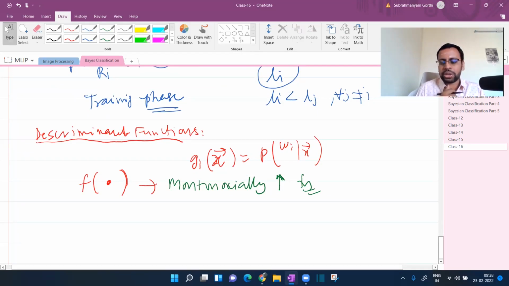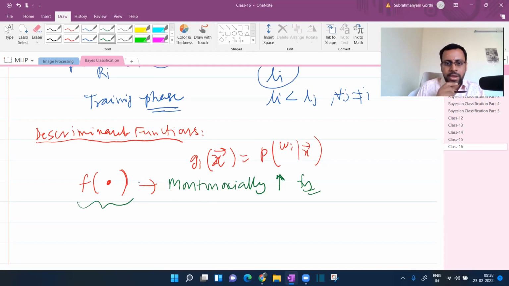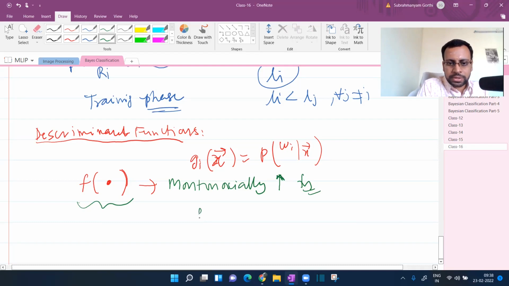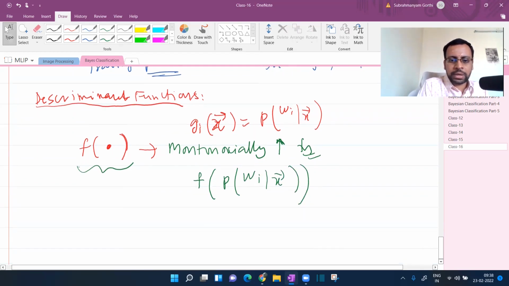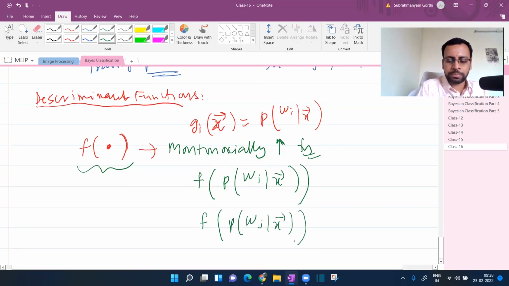Assume that you have a monotonically increasing function f. What is this function f? You will define it later. And then what would happen if, for example, you could compute f of probability of omega i given x bar, and f of probability of omega j given x bar?